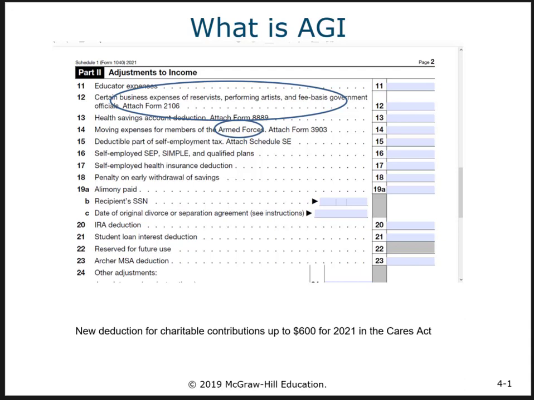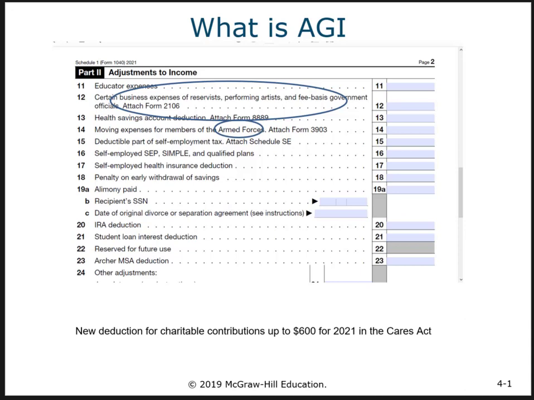There used to be a deduction for most everybody when you had a business expense on behalf of your employer. You might be an employee, but you run in your personal vehicle to get something for that business. That was a business expense and used to be deductible.